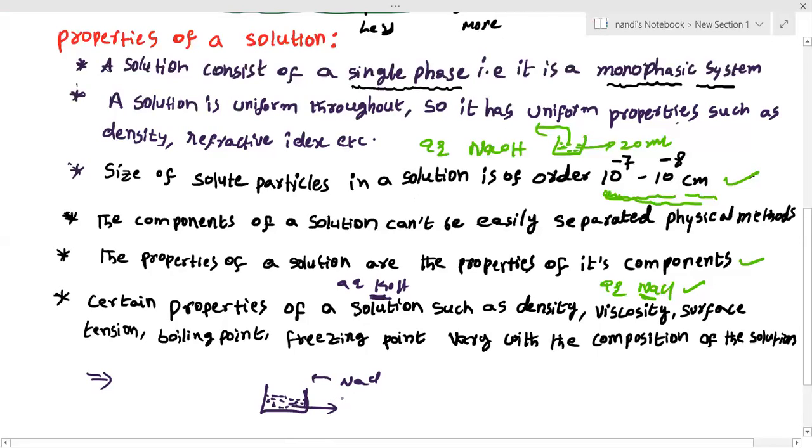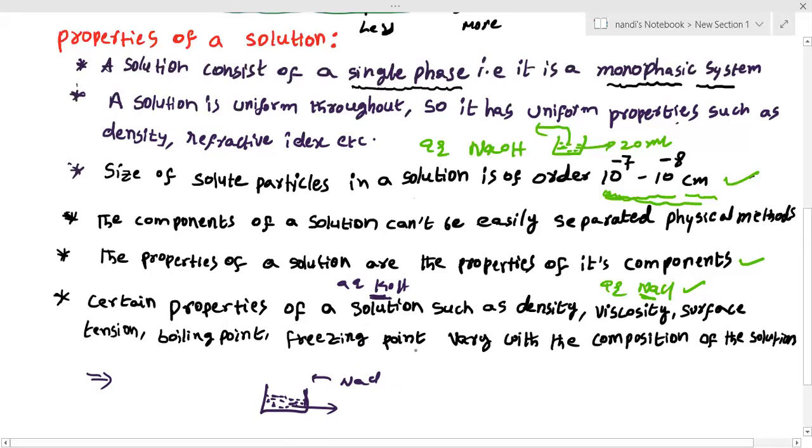Its boiling point may increase, and its freezing point decreases. So by changing the concentration of components, the properties of the solution change. You are going to study that in colligative properties in special cases.